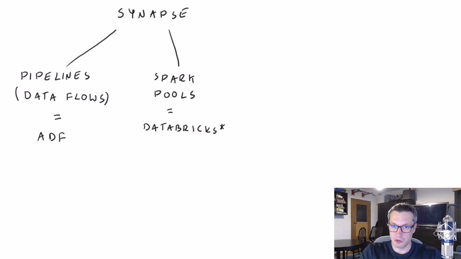And the thing that I want to cover today is the first flavor of SQL that is available inside Synapse, and namely this is dedicated SQL Pool, this relational data warehouse. But there are no foreign keys inside Synapse.